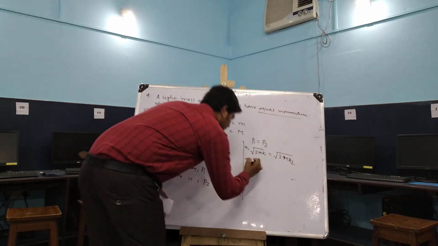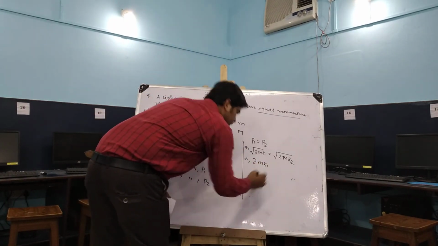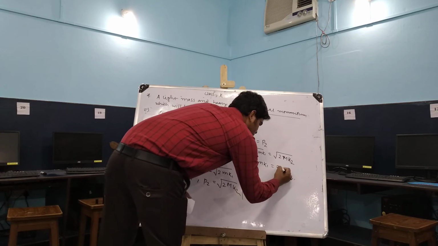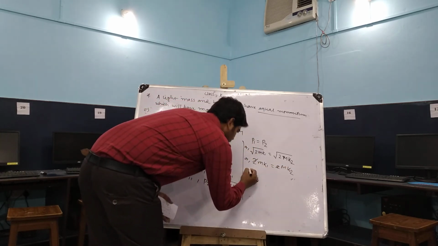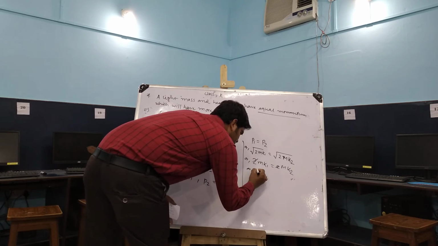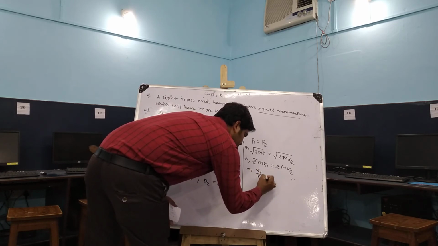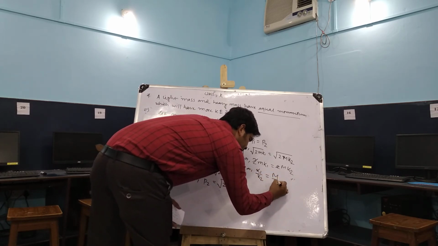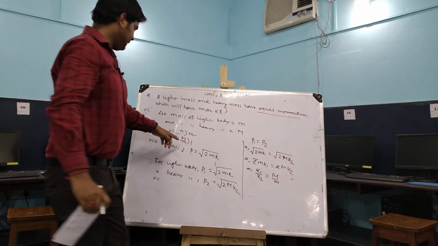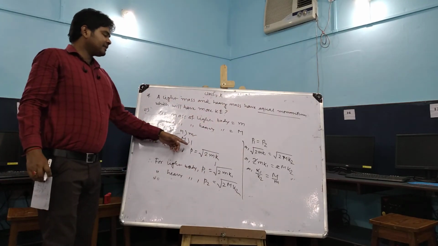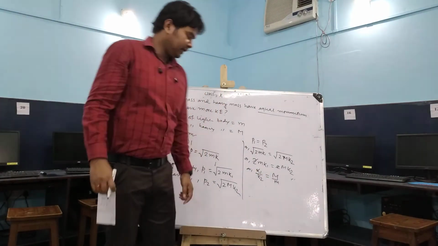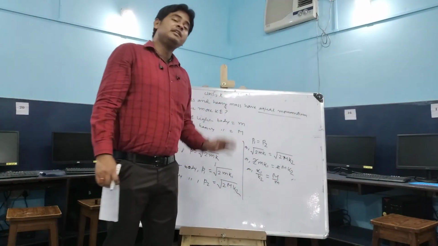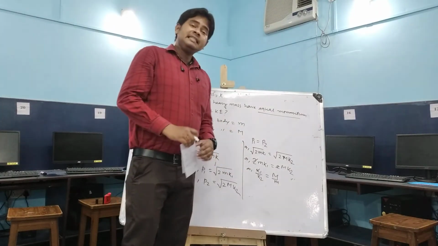Now we square both sides, and the 2 cancels out. K1 by K2 is equal to capital M by small m. Capital M by small m is greater than 1, so K1 by K2 is also greater than 1, because these are equal.